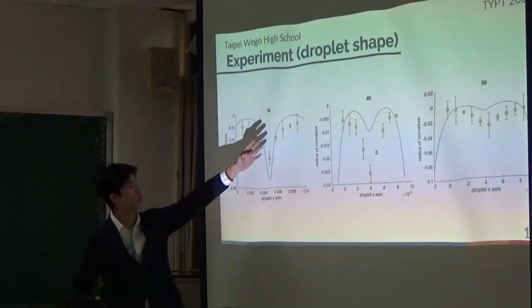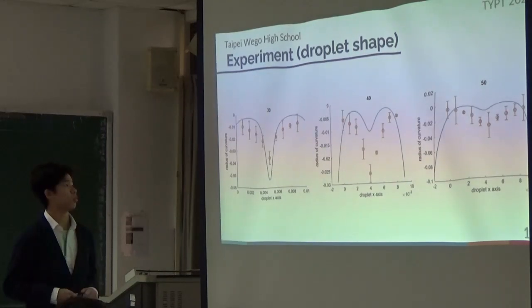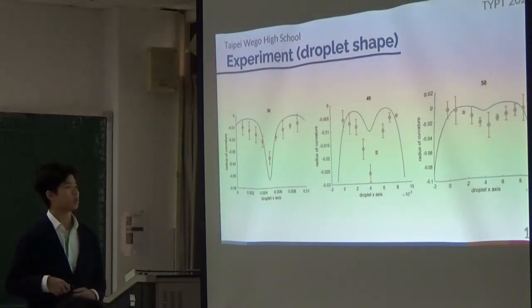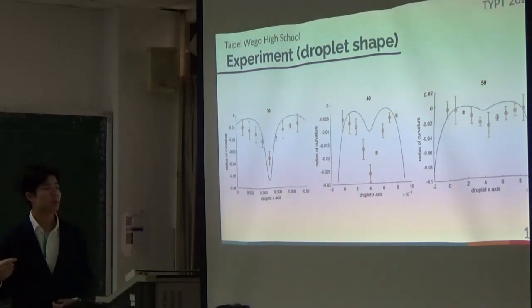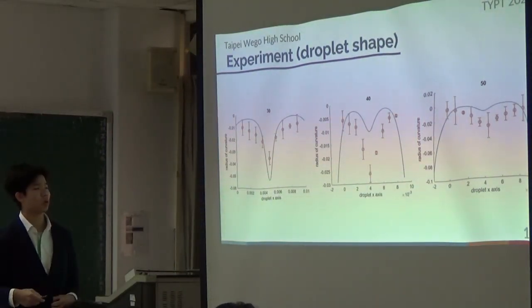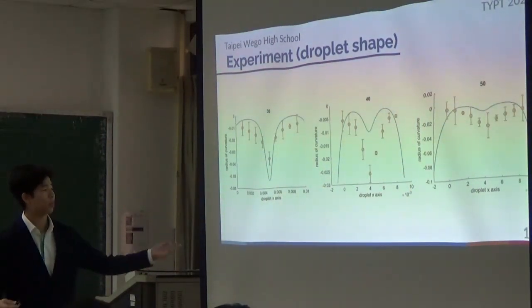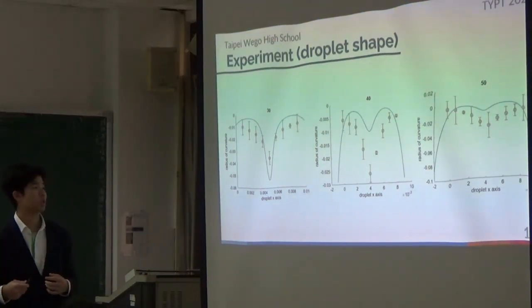The 30, 40, 50 are to be the 30 microliter of the water droplet, and we use the pipette to measure the precise volume.